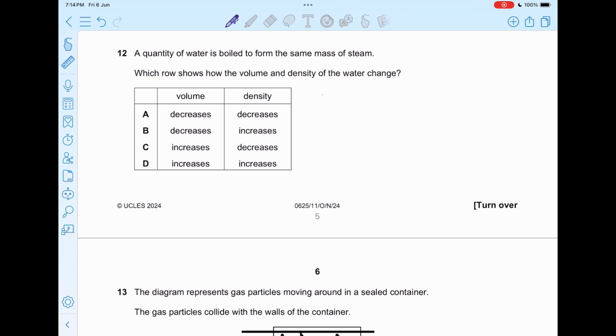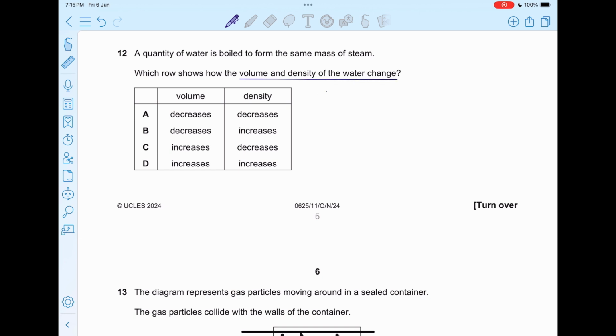So number 12, a quantity of water is boiled to form the same mass of steam. Which row shows how the volume and density of the water change? So water is turning into steam, so the steam will occupy more space, so the volume increases.